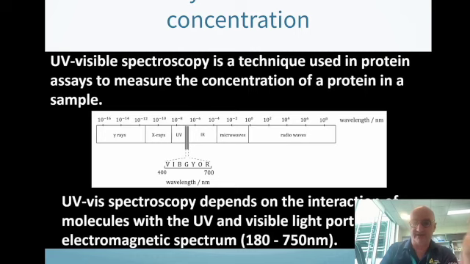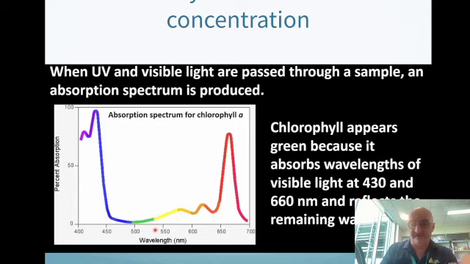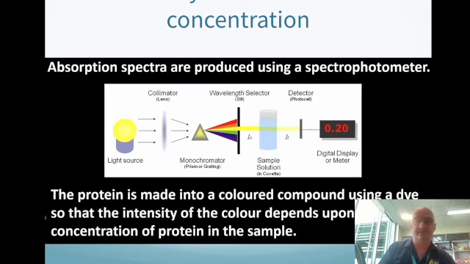UV-vis for assay of protein concentration. Here you can see a typical spectrometer readout. Some of you did do this for your internal assessments. Chlorophyll appears green because it absorbs at 430 and 660 nanometers and reflects the remaining wavelengths. What's left is what is transmitted.